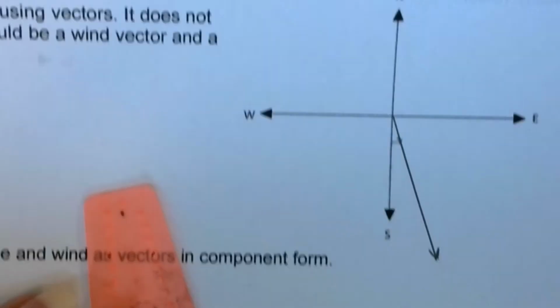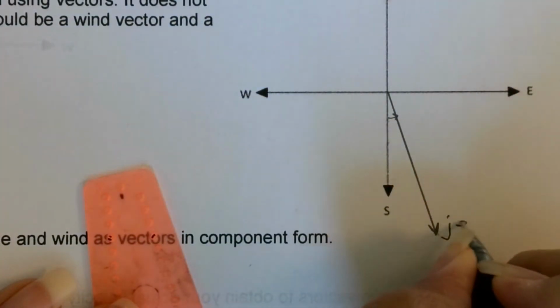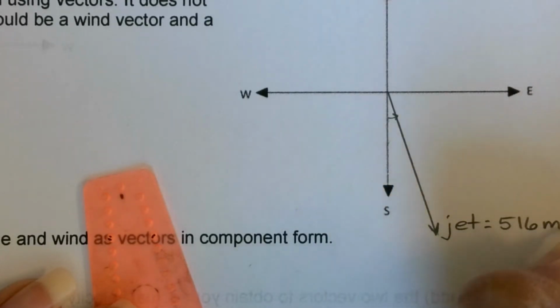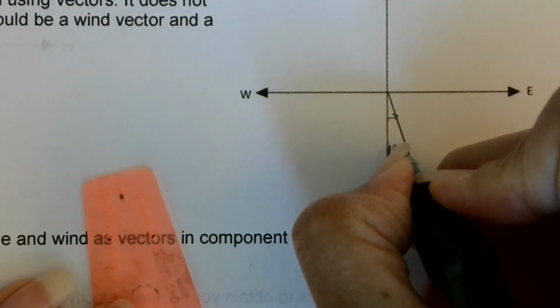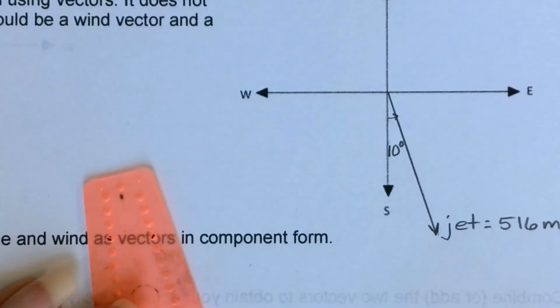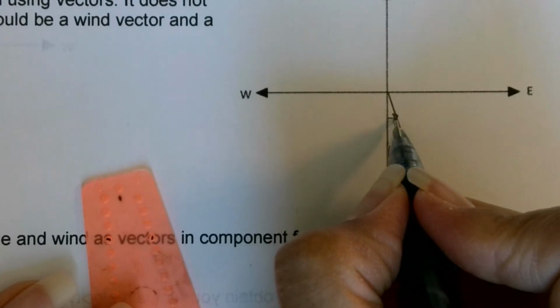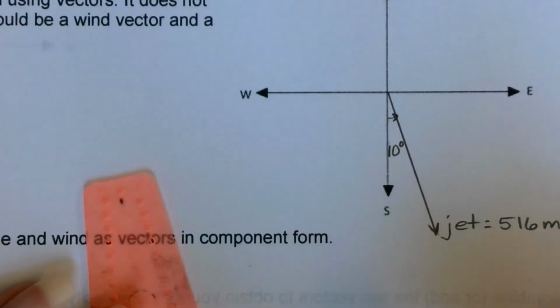I'm going to label it as my jet vector, and the length of that magnitude is 516 miles per hour, and right here I'm going to say that is 10 degrees. It's kind of hard to see, so have a sharpened pencil as much as you can. Now we're done with the jet.